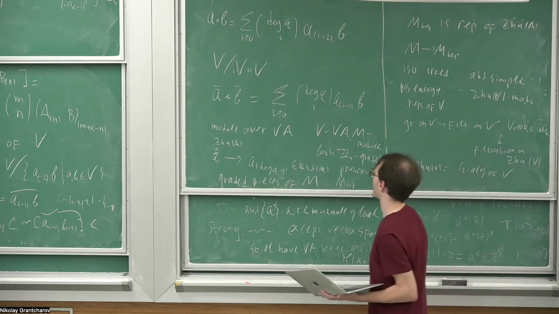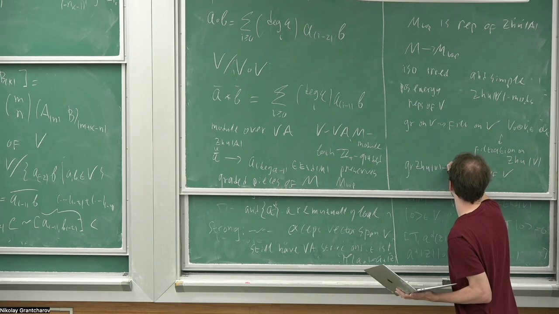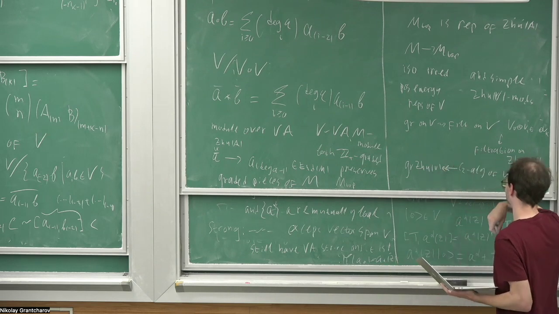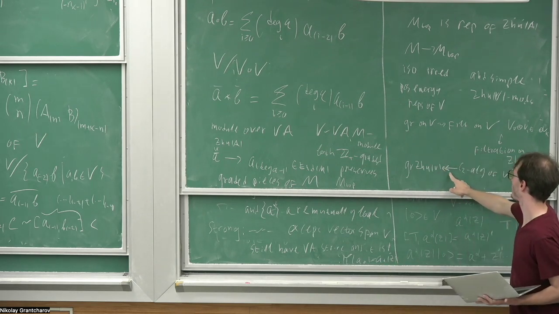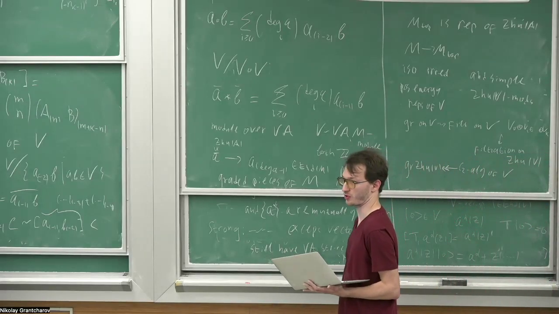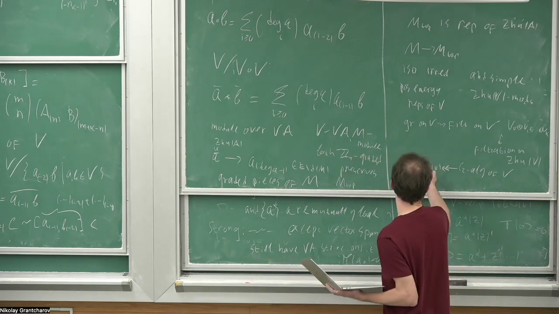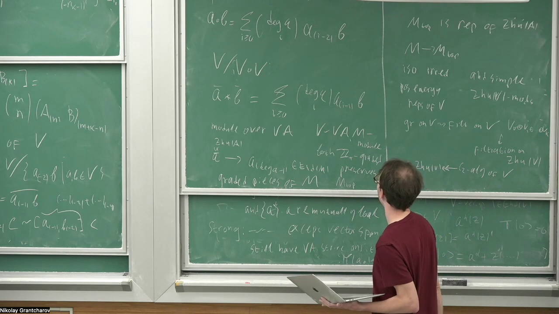I mean, it kind of makes sense. There is an epimorphism from here to here, and in some cases it's an isomorphism. In nice cases, you can understand your Zhu algebra better.